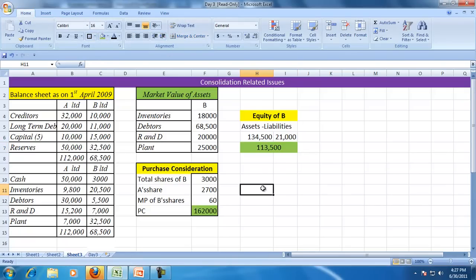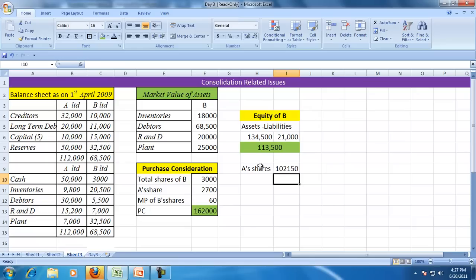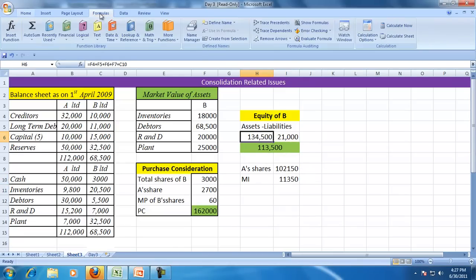The total equity of B is 113,500. Of this, A's share is 0.90, and B's share, the minority interest, is 0.10. Let me recap.